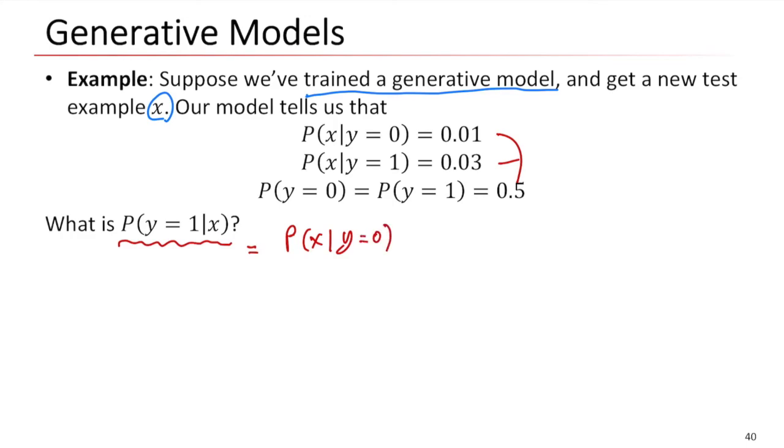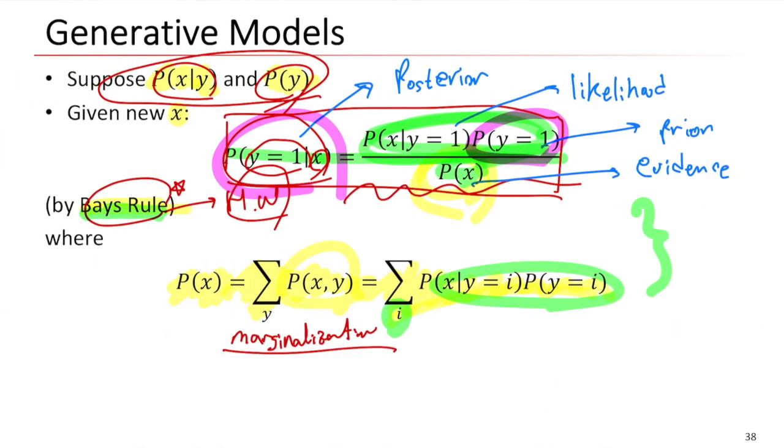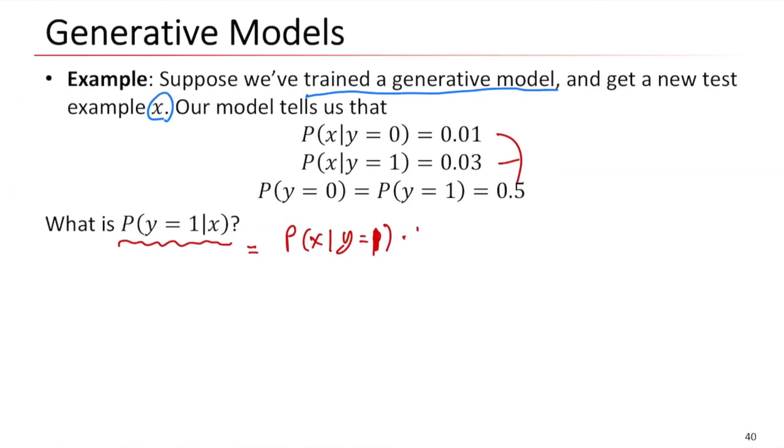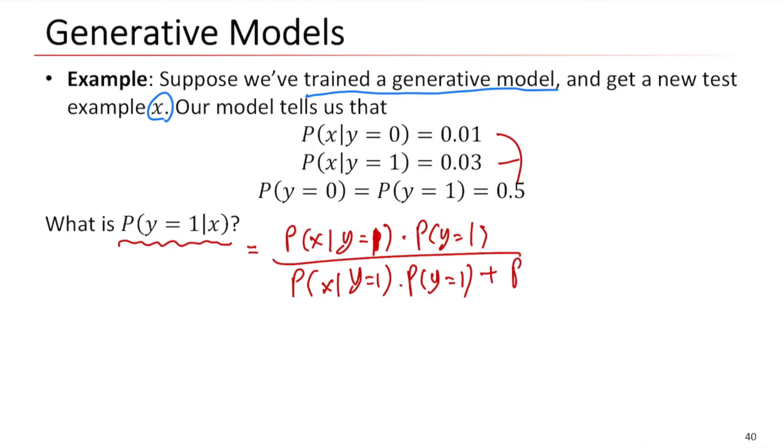It's p(x given y=1) times p(y=1), over p(x given y=1) times p(y=1) plus p(x given y=0) times p(y=0).